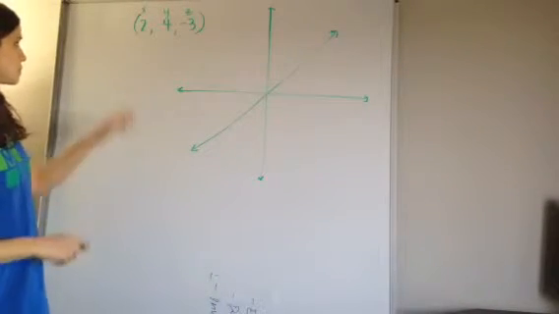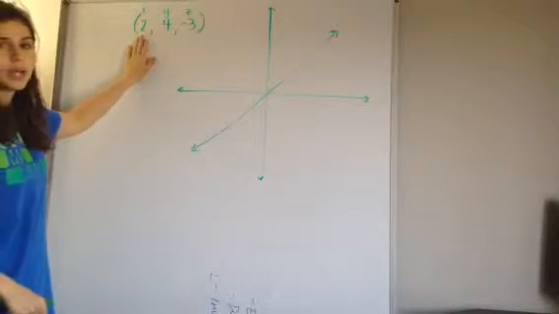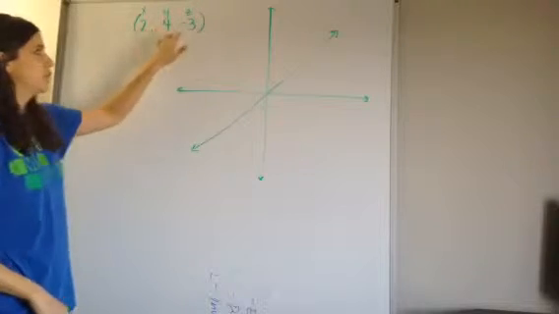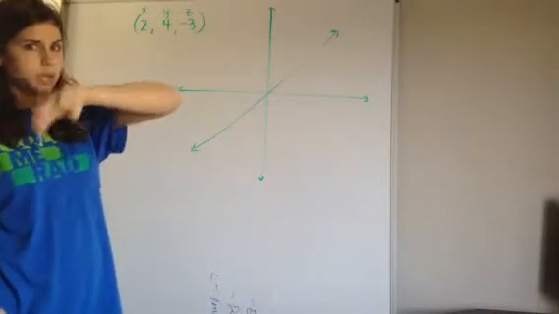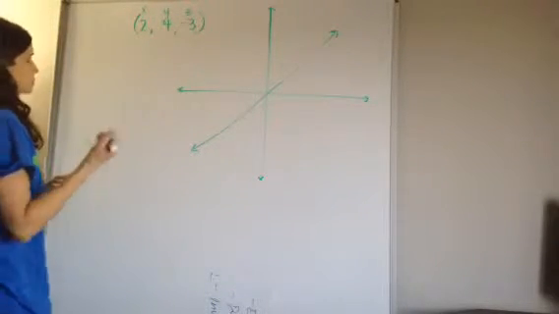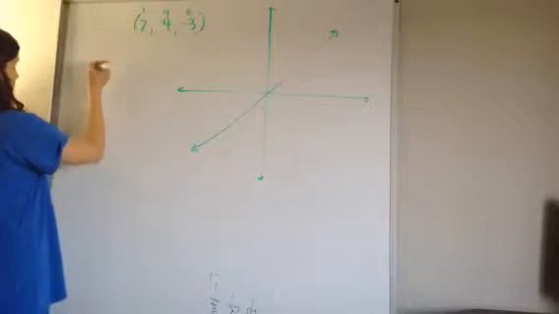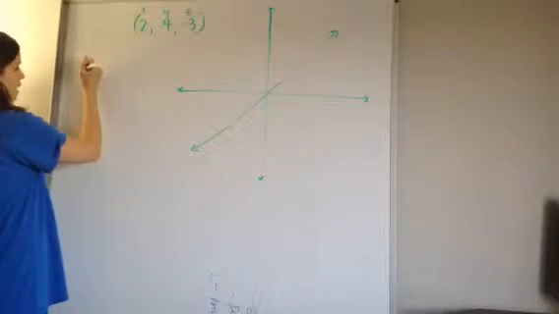So it's the x, the y, and the z now. So now, if I were plugging this in, now you have 3 different variables.